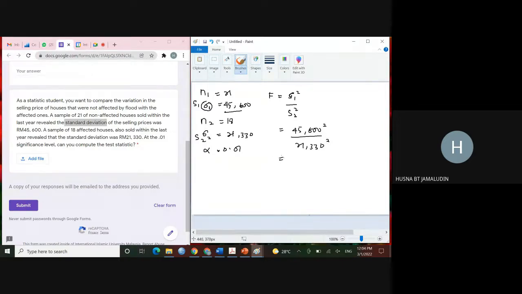So if you square, what will you get based on this working? 45,600 squared, and then you divide by 21,330 squared. You will get 4.57. Yeah, so this is the F value.